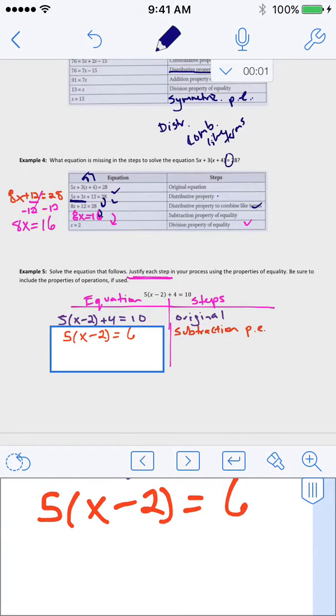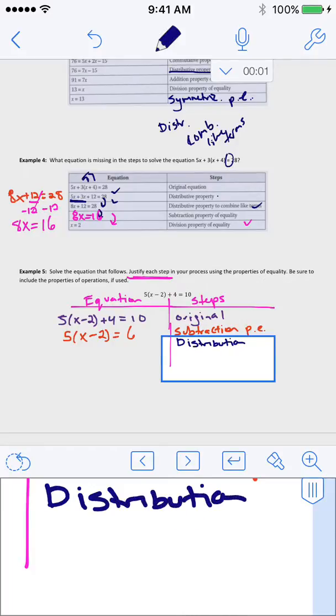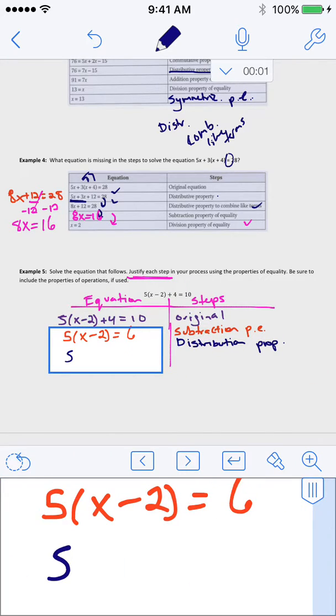Second step, I'm going to get rid of those parentheses. I think I'm going to use distribution property of multiplication over addition, but I'm just going to call it distribution property. Distribution prop. 5x minus, whoops, not 2, silly Miss K, 10 equals 6.